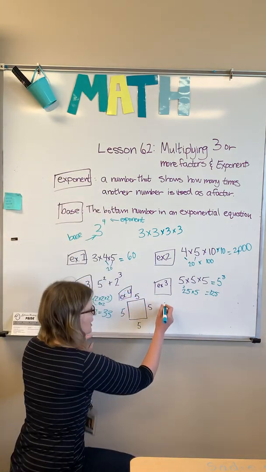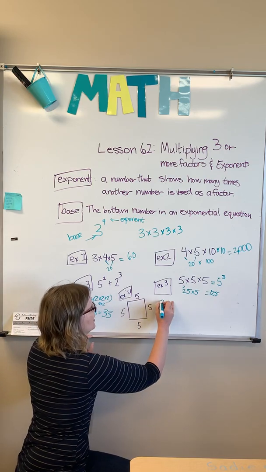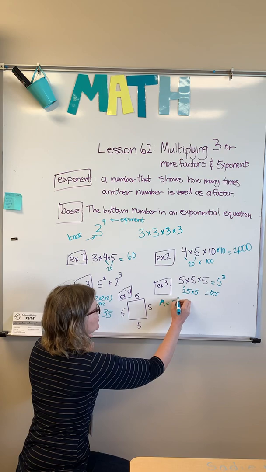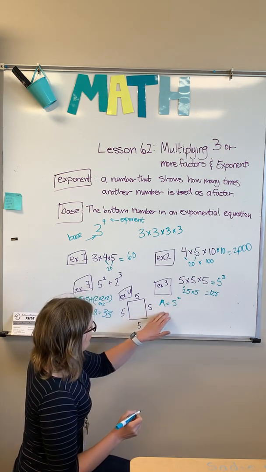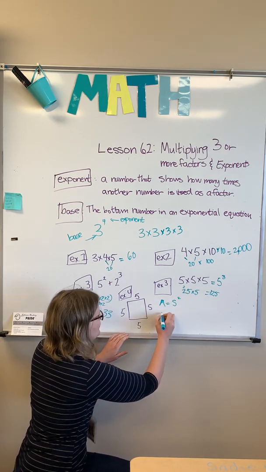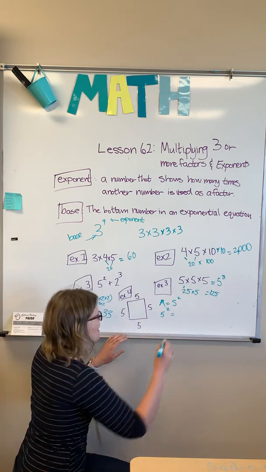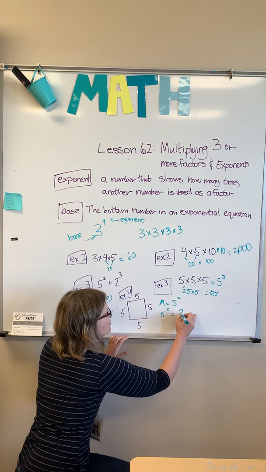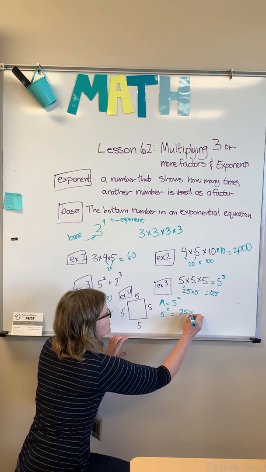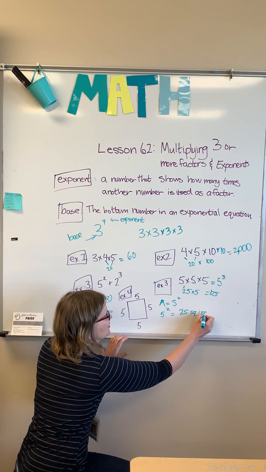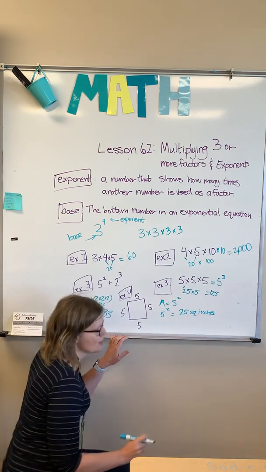And the equation for area, bear with me, is area equals the side squared. So our side here is 5. So 5 squared, which is 5 times 5. Our area is going to be 25 square, and I think in this one it's inches. So we'll just say 25 square inches.